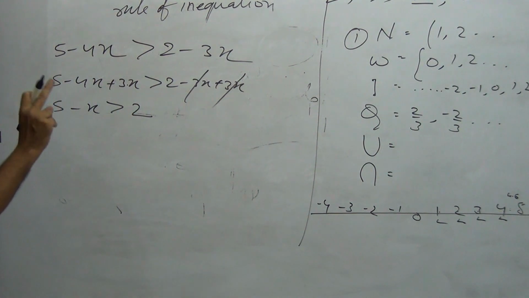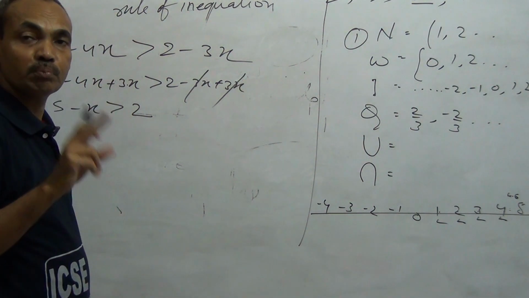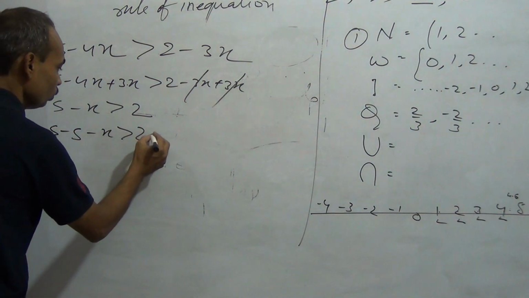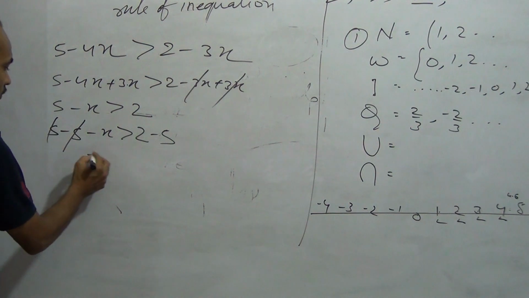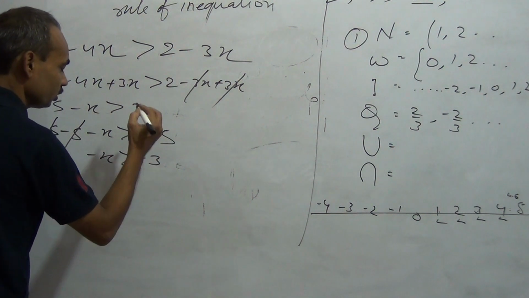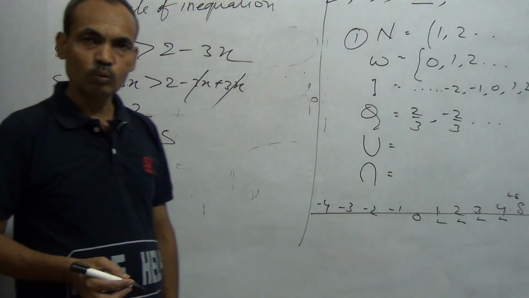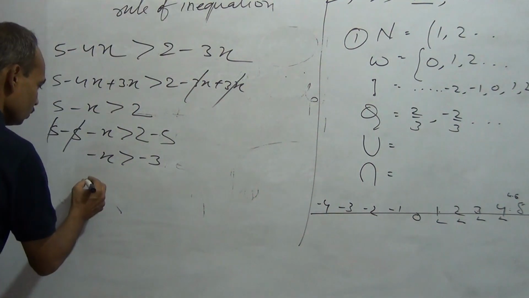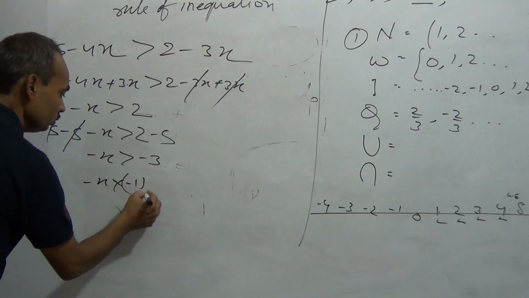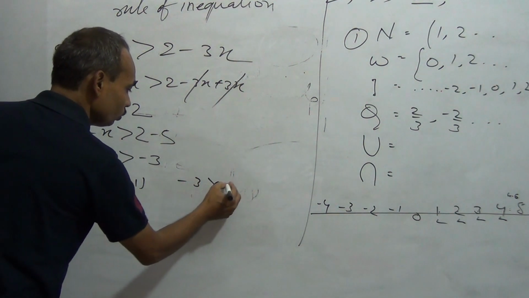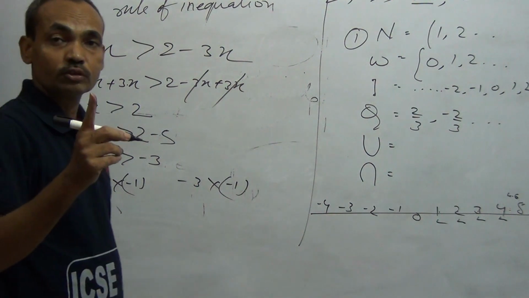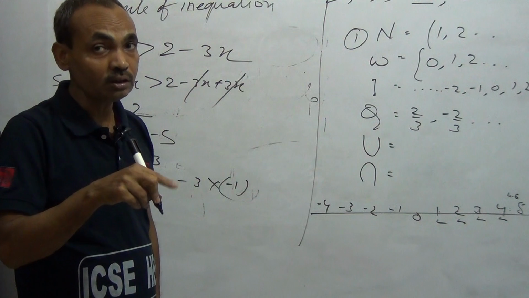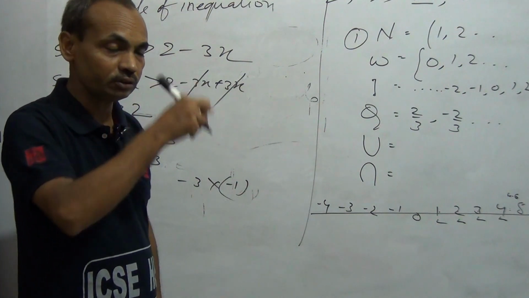Now subtracting 5 on both sides: 5 minus 5, minus x is greater than 2 minus 5, minus x is greater than minus 3. Now multiplying by minus 1 on both sides: minus x into minus 1, minus 3 into minus 1. But you know that multiplying or dividing by a negative number, the sign of inequality changes.